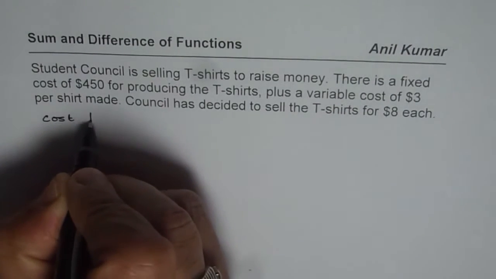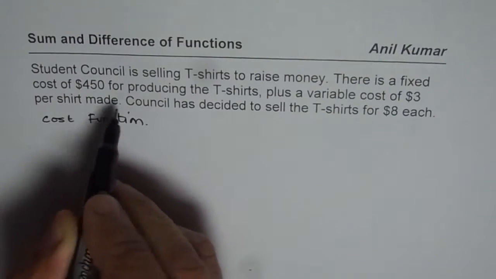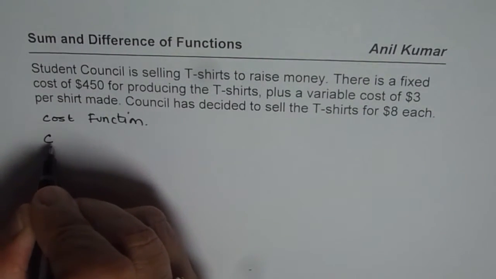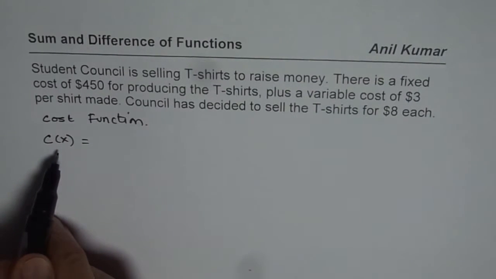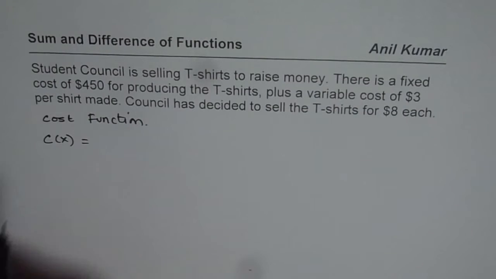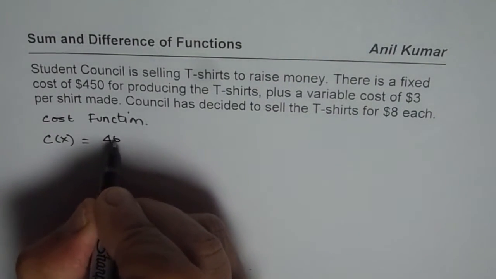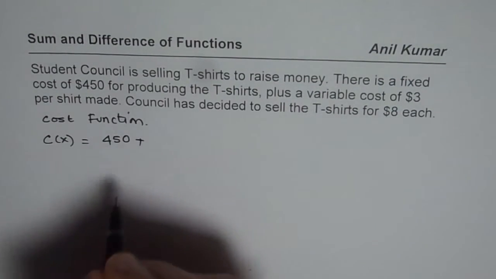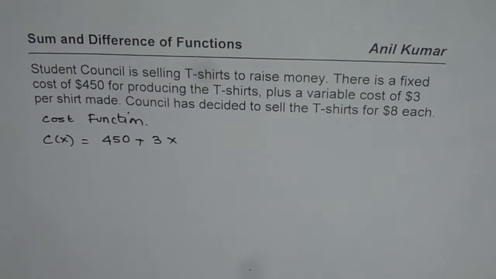So we'll find the cost function first. Now cost of producing a t-shirt is fixed cost. Let's call this C of x, where x is the number of t-shirts produced, right? So in that case it is fixed cost, which is $450 plus $3 per shirt made, so it is 3x. So that becomes the cost function.